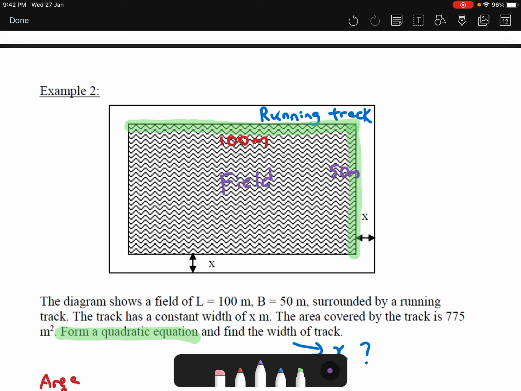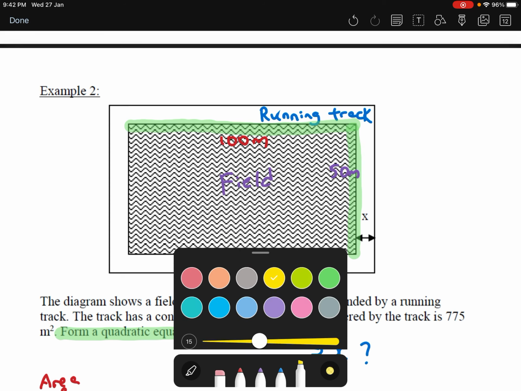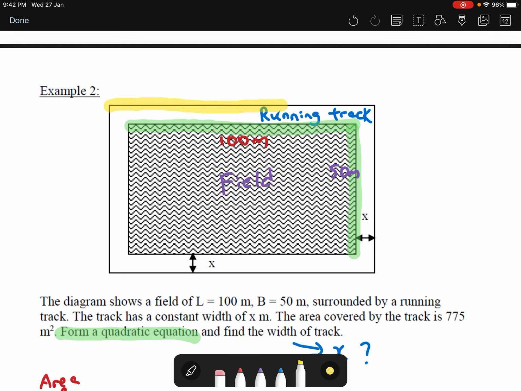The length of this is 100 plus x, because here got x, and here is also x, so 100 plus 2x.